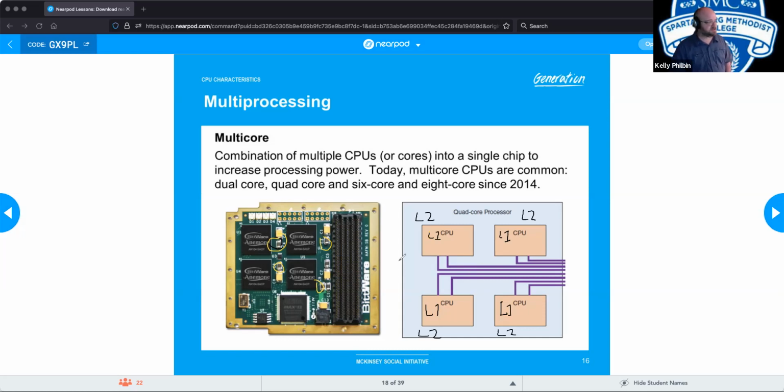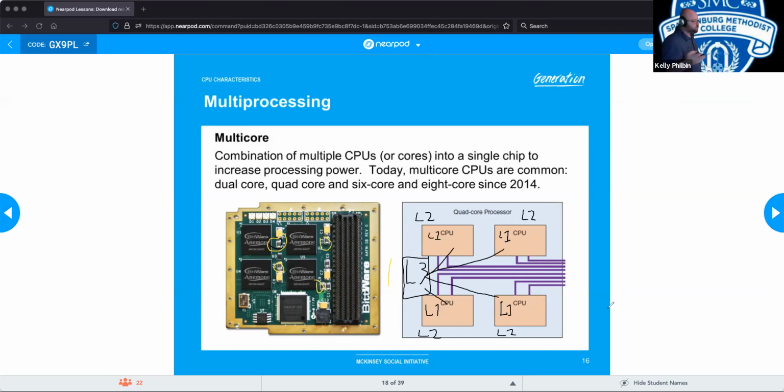All right, next we have level 3. Change my color back. So level 3. Still inside the CPU or inside the processing unit, but it is shared by all of the processors involved.